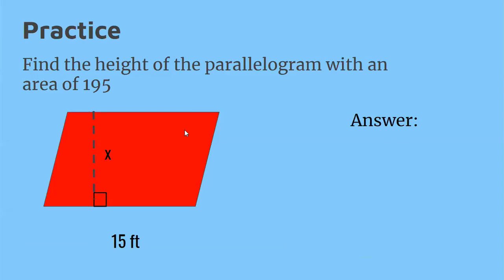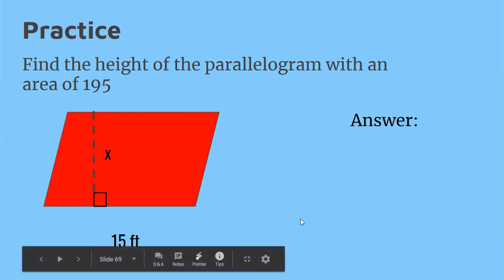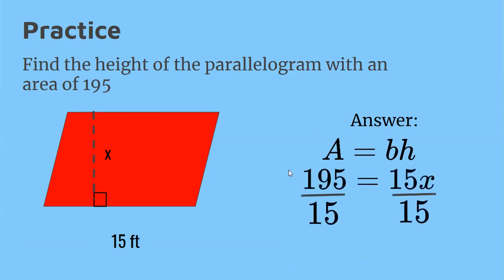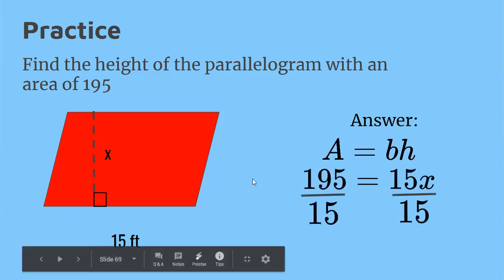And welcome back. I hope you guys are not confused by this. But if you are, don't worry. You got this. The answer to this: we first get out the formula, A equals base times height. So 195 equals 15x, and I divided both sides by 15 so that we can get the x alone.